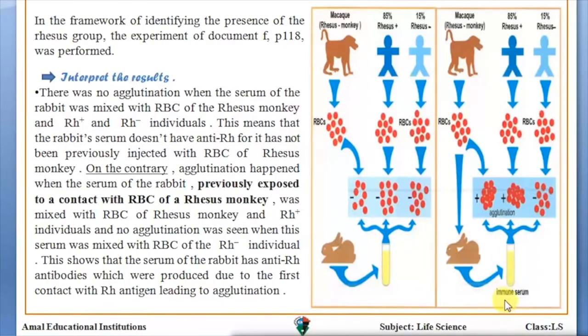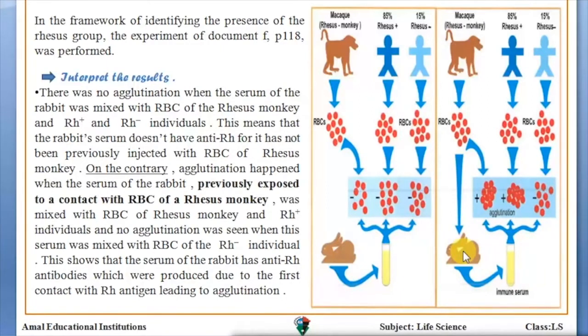The presence of anti-Rh antibody in the serum of this rabbit can be explained by the fact that this rabbit had been exposed previously to the red blood cell of the Rh monkey that has the Rh antigen.